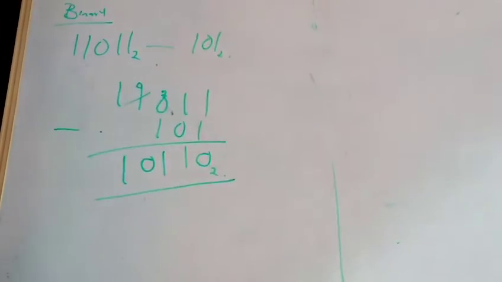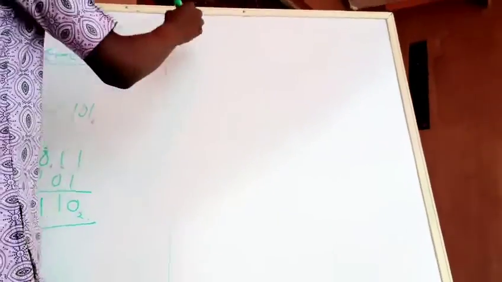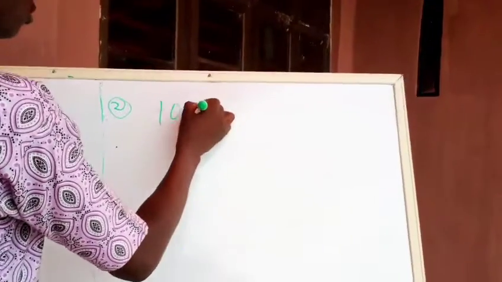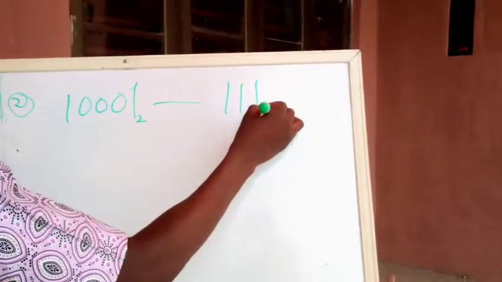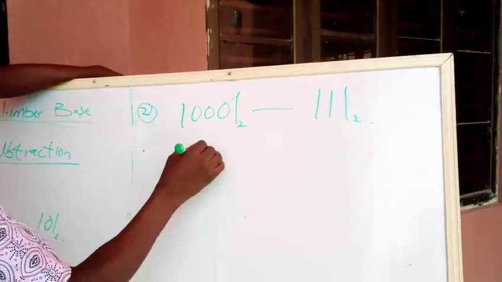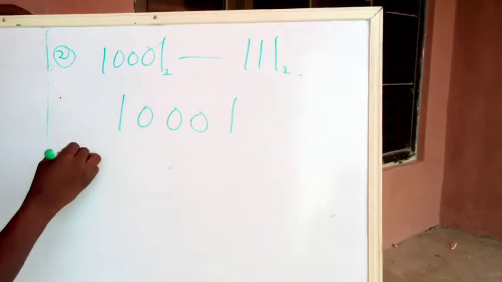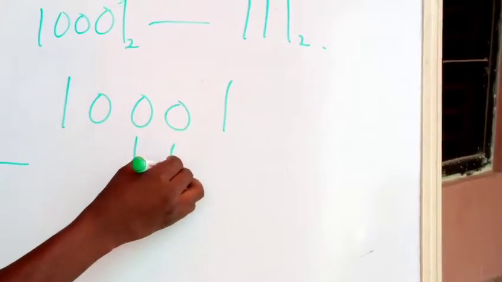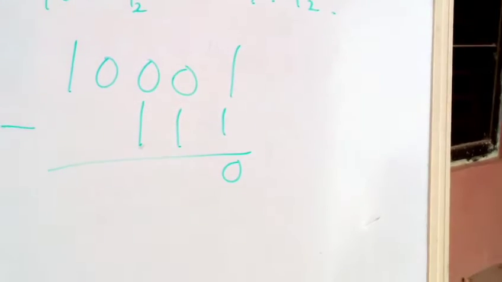Let's take another example so that we see and understand better. Alright, so we have 10001 in base 2 minus 111 in base 2. So this becomes 10001 minus my 111. Of course, 1 minus 1 gives us 0, which is a base 2 number.